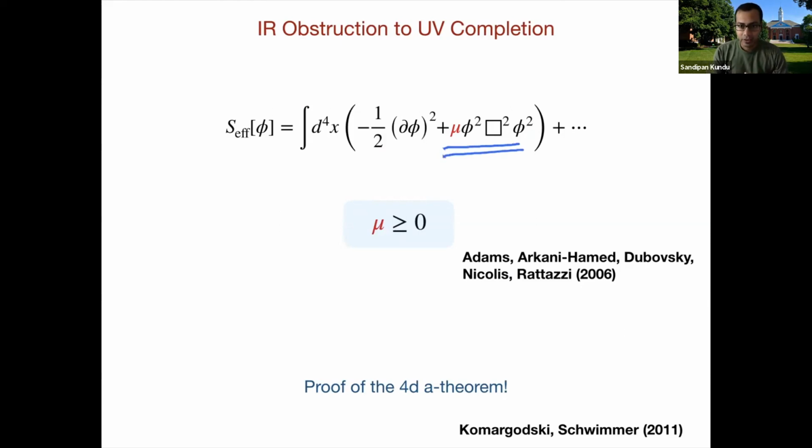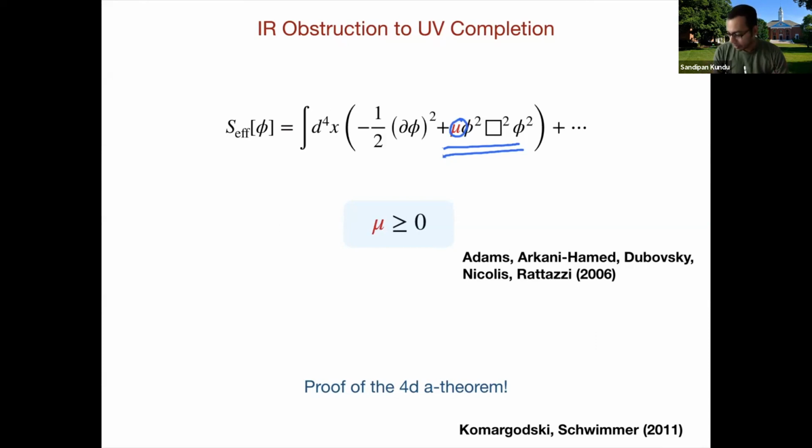So this interaction is non-renormalizable. That means this is basically an effective field theory which is valid up to some cutoff scale. For this set of authors, Adams, Ahmed, Dvorsky, Nicolis, and Ratazzi, they showed that this coupling constant mu has to be non-negative. Otherwise, this effective field theory can never be UV completed.